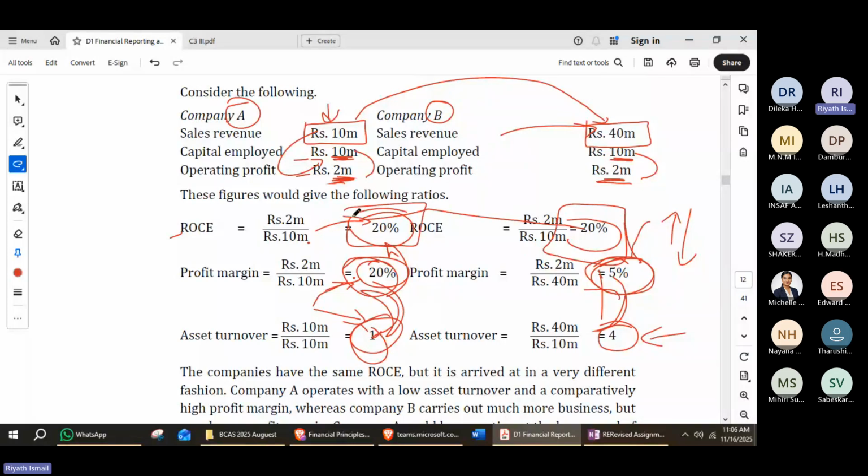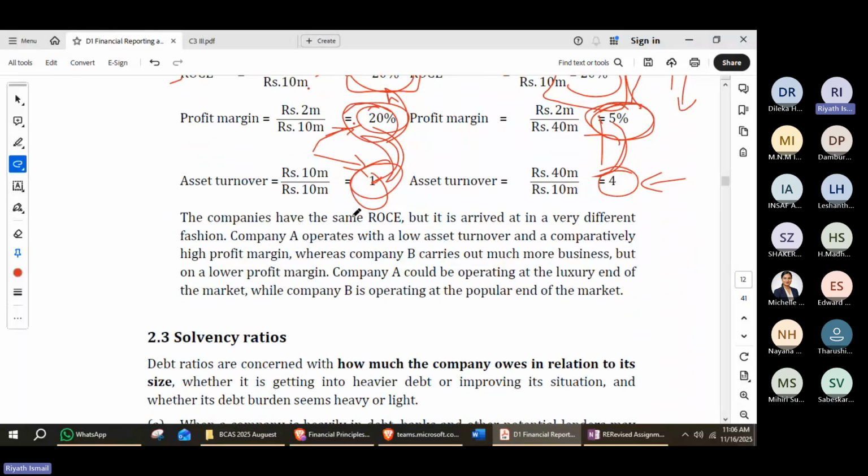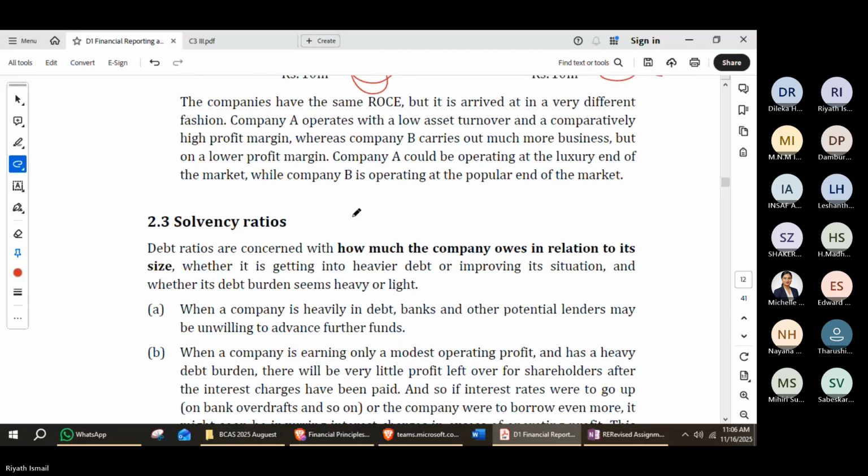So when you decide the selling price, the margin may impact the selling price and the sales volume. So you have to keep a trade-off. We have to follow a balanced approach. The companies have the same ROCE, but it is arrived at in very different fashions.